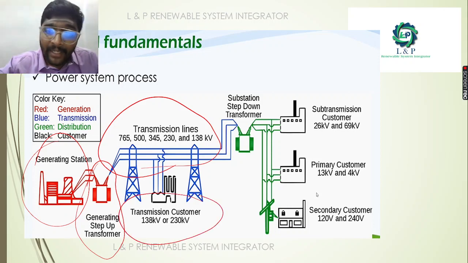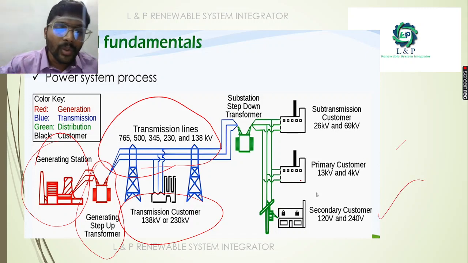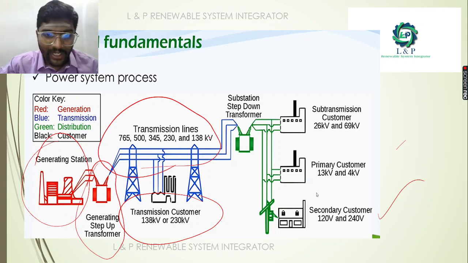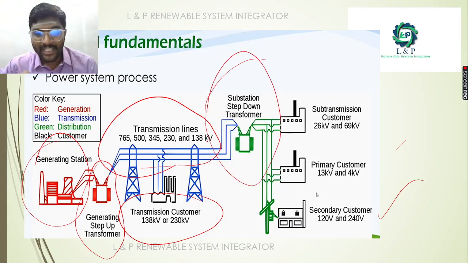Then when it comes to the sub-transmission line, primary customers or secondary customers, especially those who use different loads at different ranges, after passing through the transmission line, with the help of the substations we step down the voltage which is being transmitted.